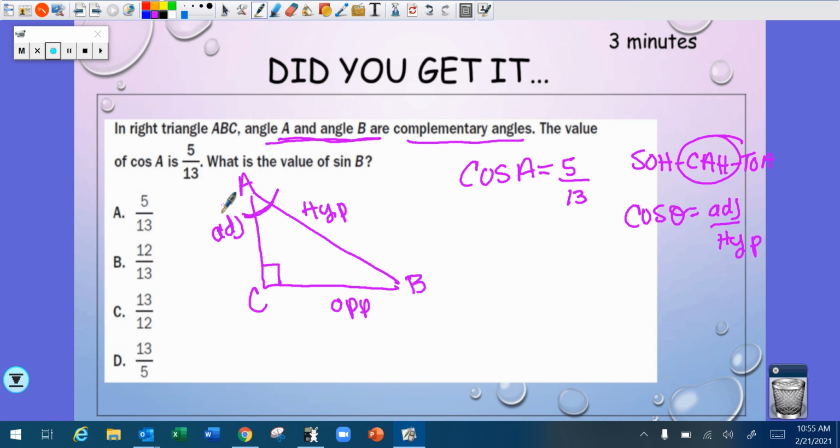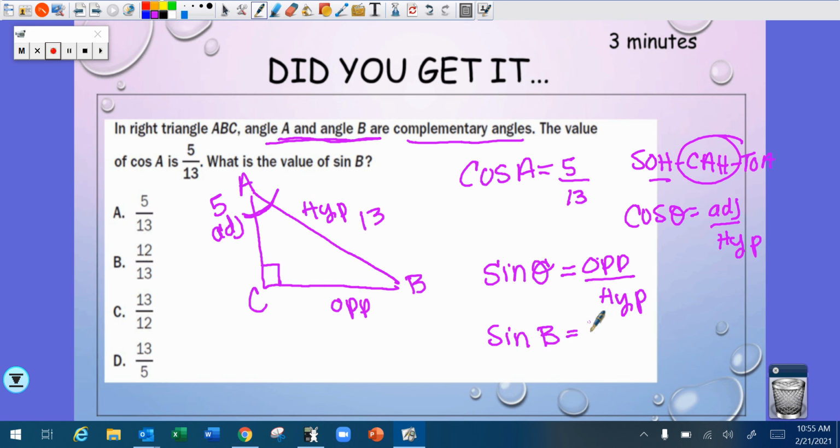So they gave me the adjacent, which is 5, and the hypotenuse, which is 13. And then it wants me to find sine of B. So sine of theta equals opposite over hypotenuse, and now I'm trying to do sine of B, and I know the hypotenuse is 13, but I need to find the opposite.